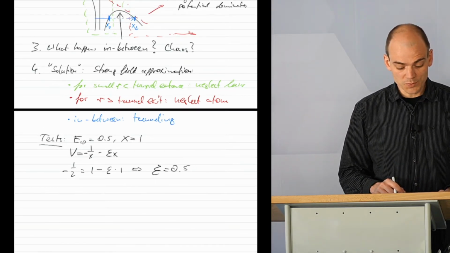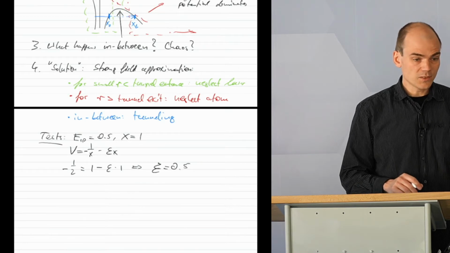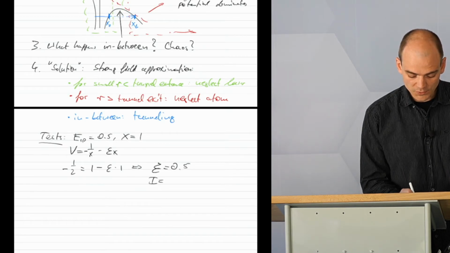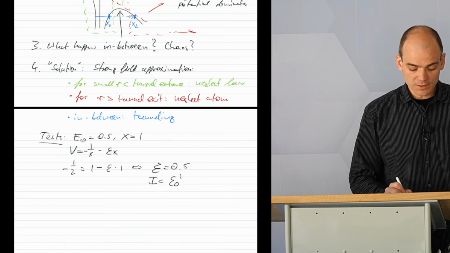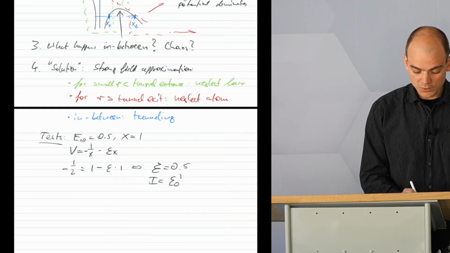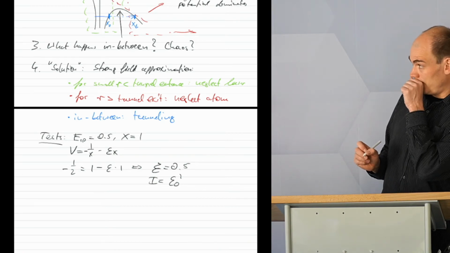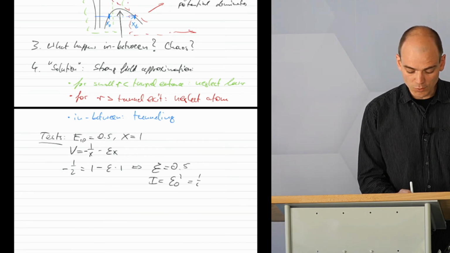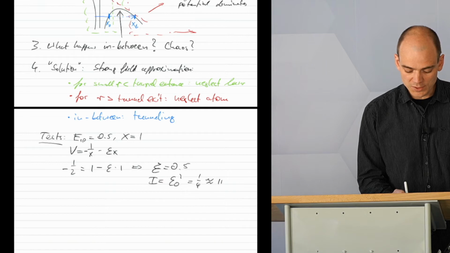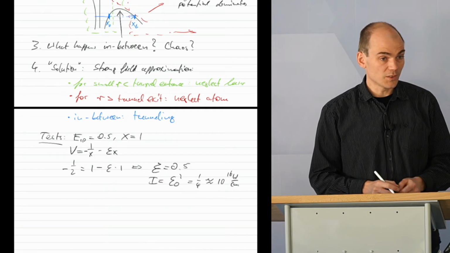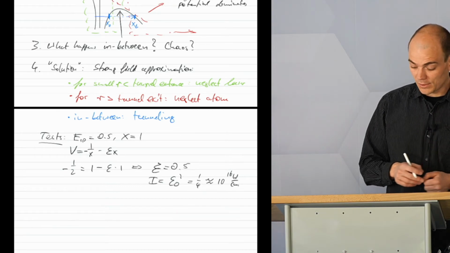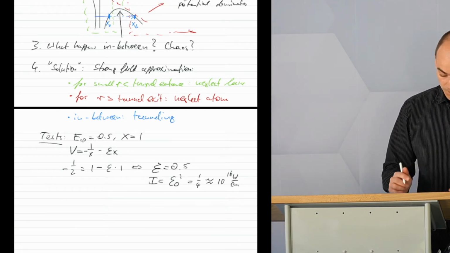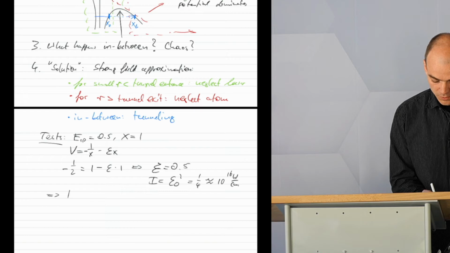So if we compare this, the intensity is E naught squared, and if here E is 1/2, the intensity would be a quarter, and a quarter would be roughly 10 to the 16 watts per square centimeter. So this is a very intense field, and most experiments were significantly below this.